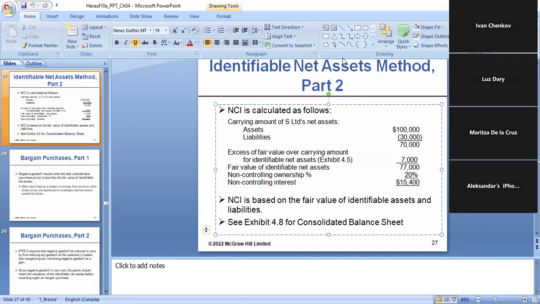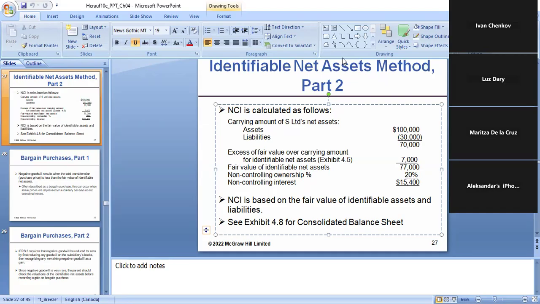Only the balance sheet you have to do at the acquisition date, by adding the assets and the liabilities from the other company, plus the change in the fair value, and eliminate the common shares and retained earnings of the other company from the consolidated balance sheet at the date of the acquisition.